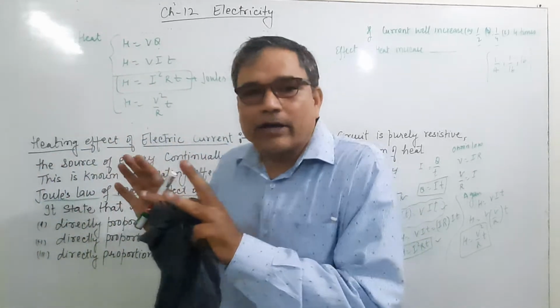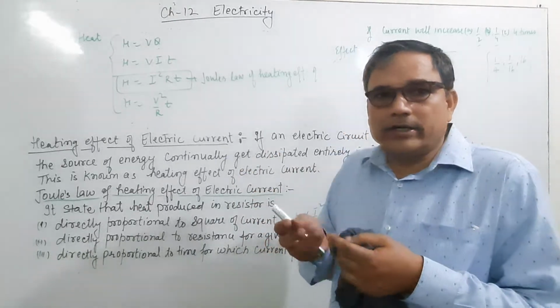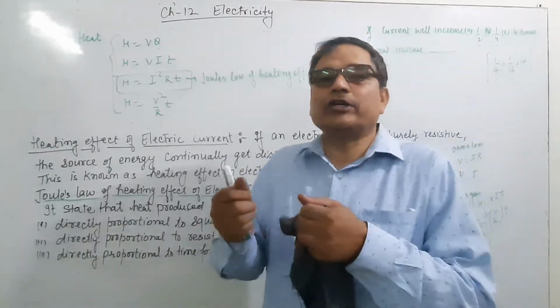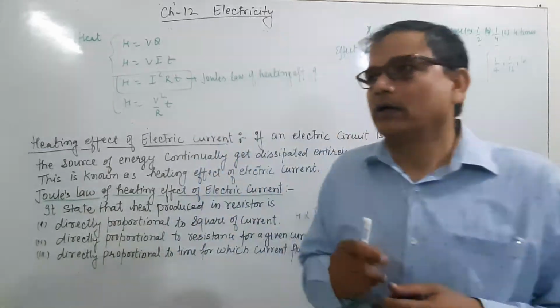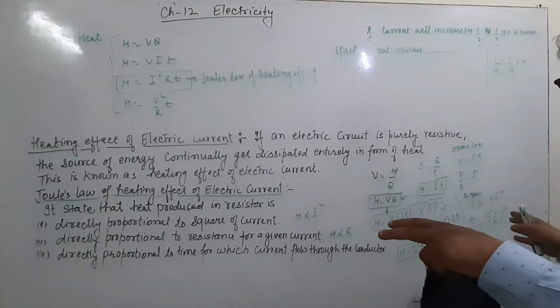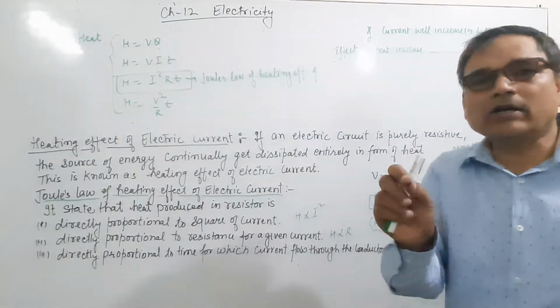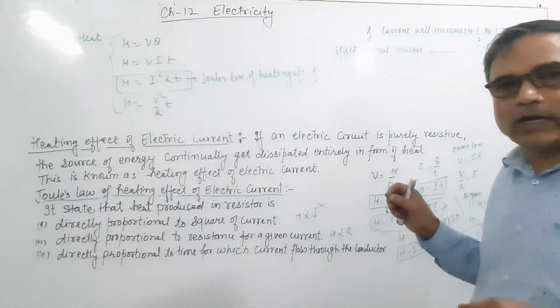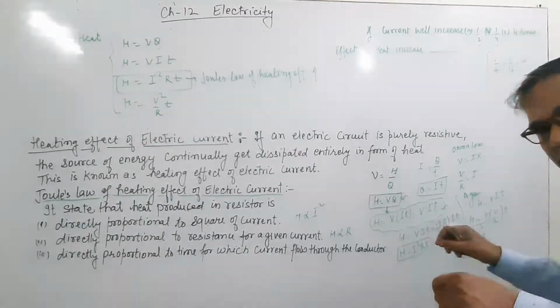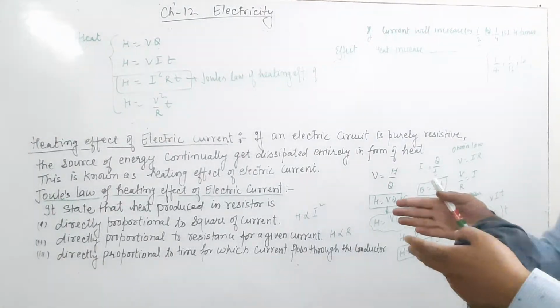Because the resistance accumulates the electrons toward itself, and due to friction they create a large amount of heat. If the resistance is less, it allows the electric current to pass. Less resistance does not stop the current or electrons; they move directly, with no stoppage, so less friction takes place.